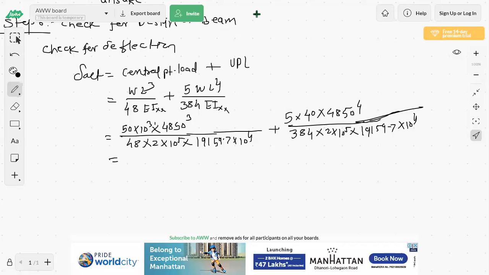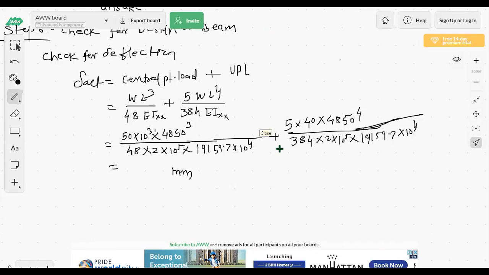How much is the actual deflection, delta actual, in mm? 3.1.